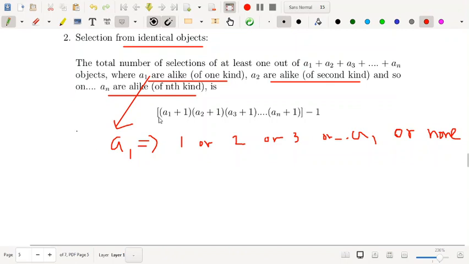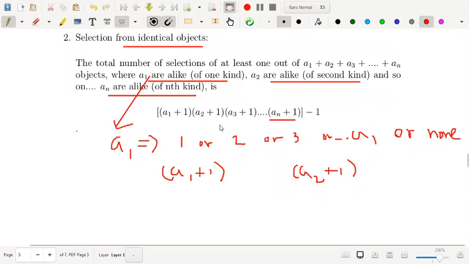So how many selections in this case? A1 plus 1, including the none. Similarly, for A2 alike things, how many selections can be possible? A2 plus 1. Similarly, etc. For A1 alike things, A1 plus 1.